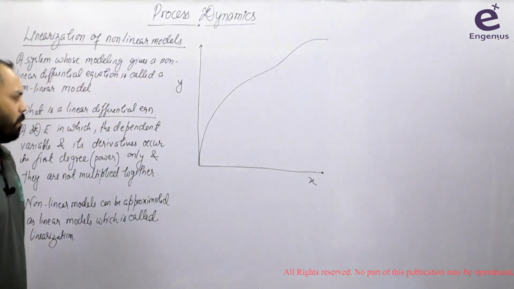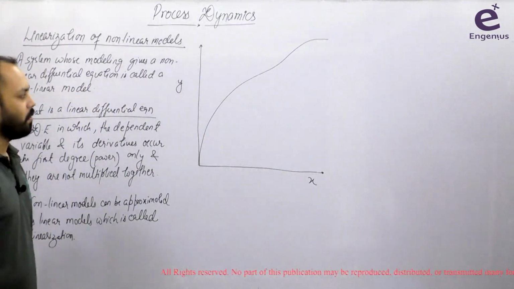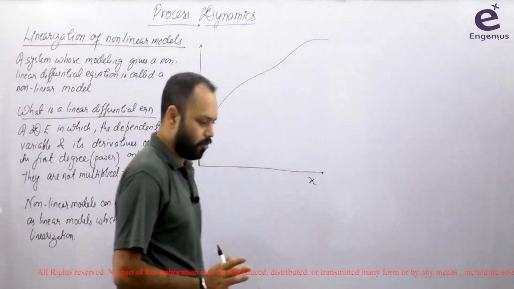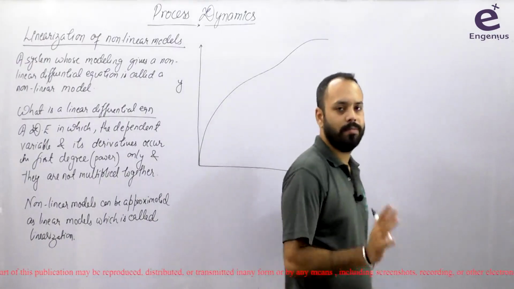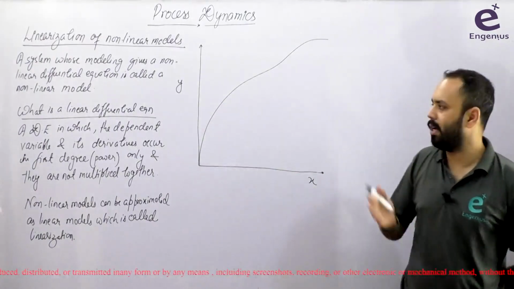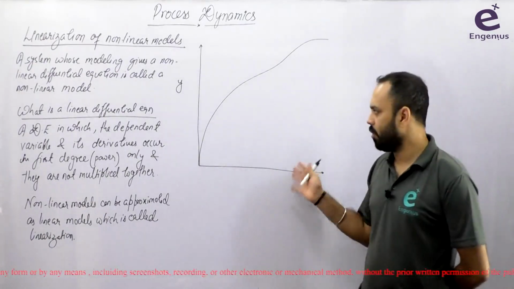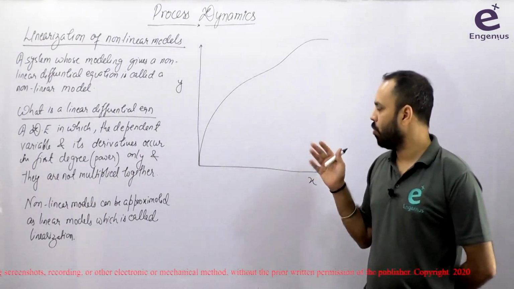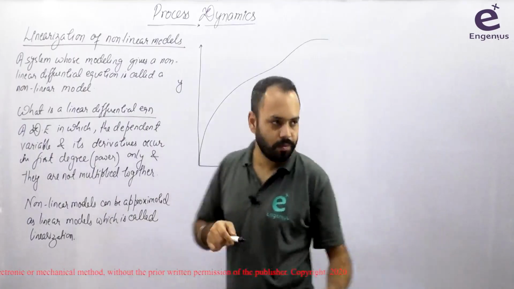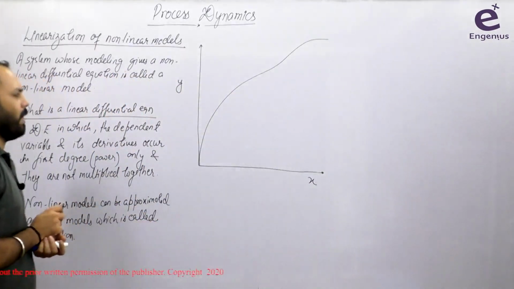Now you tell me the relation between y and x. Is it linear? What do you see here? Definitely it is not linear. y is not a linear function of x.